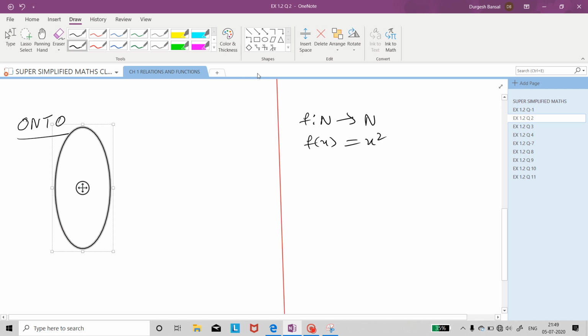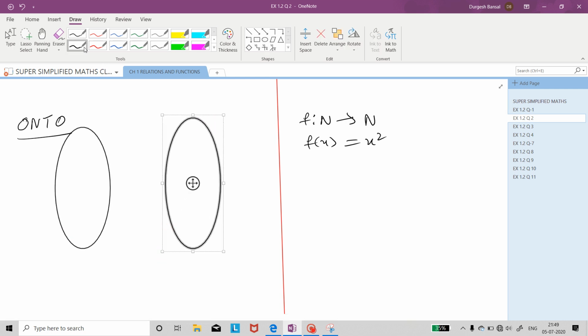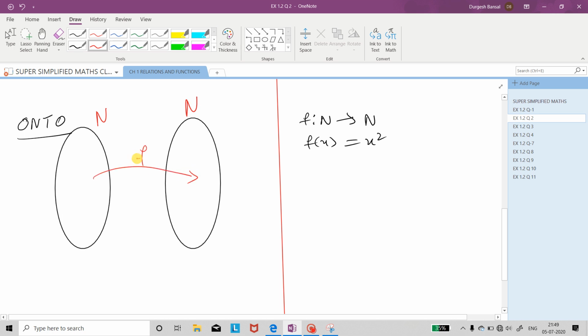Domain set, codomain set, both of them are N. f is a function, it is operating on an element x and giving you x square. Image of 1 is going to be 1 square or 1. Image of 2 is going to be 4.